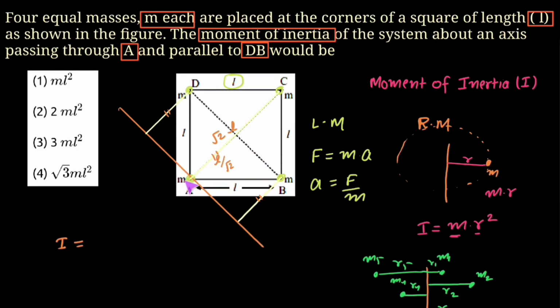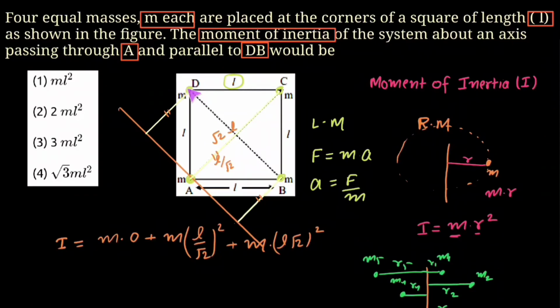From here, the moment of inertia I would be: at point A the mass is m and the distance from the axis of rotation is 0, plus at point B the mass is m and the perpendicular distance from the axis of rotation is L upon root 2, so we take the square of that, plus at point C the mass is m and we take the square of the distance from the axis of rotation, which is L root 2, so L root 2 whole square.